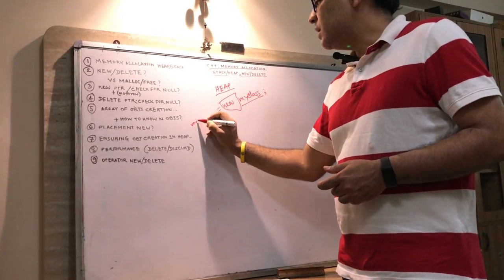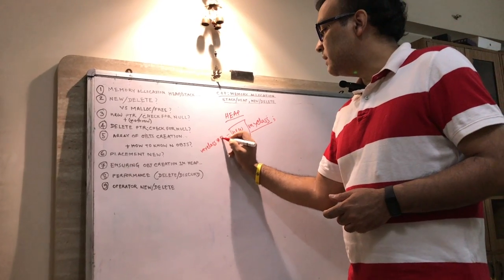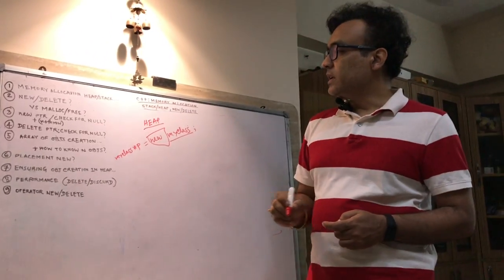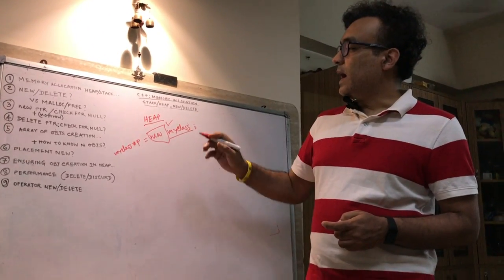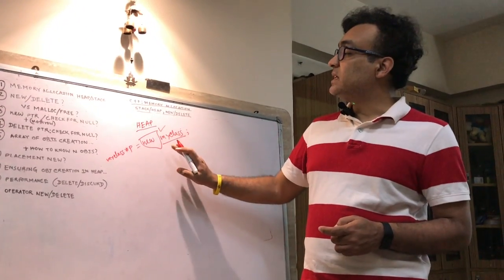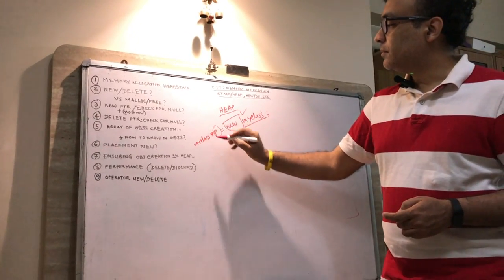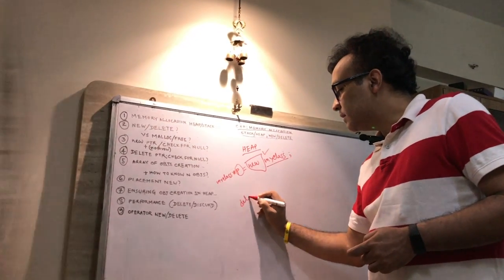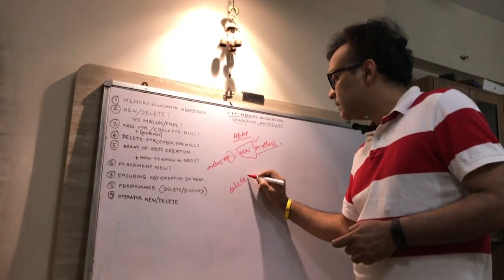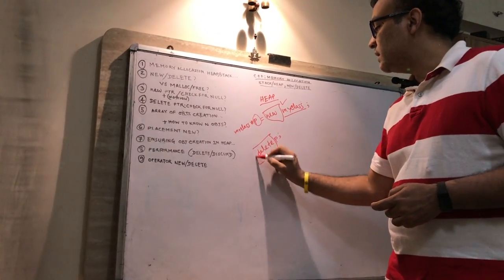The pointer should be of MyClass type itself: MyClass star p. This is called new, and we need to explicitly delete this MyClass object pointed to by the pointer p by explicitly calling delete p. The basic syntax of new and delete is like this.